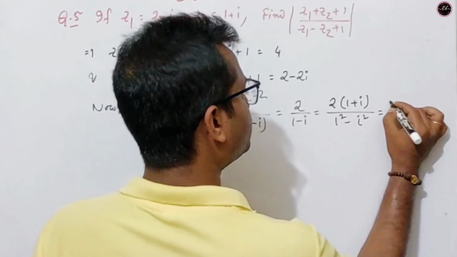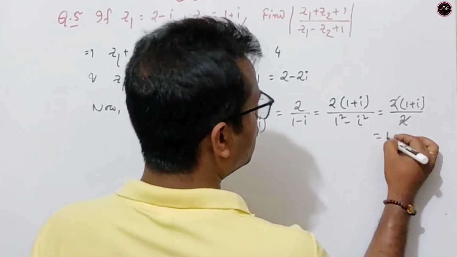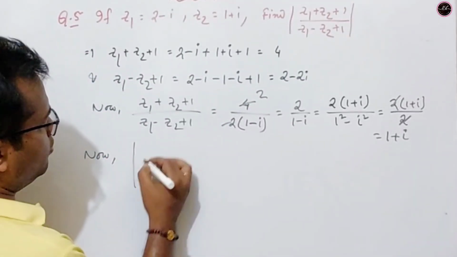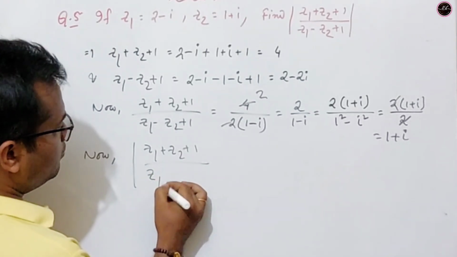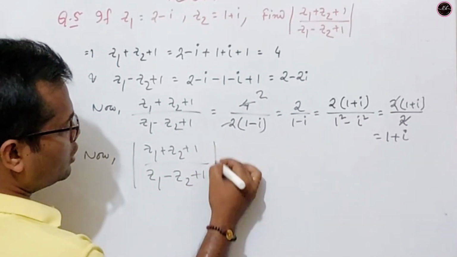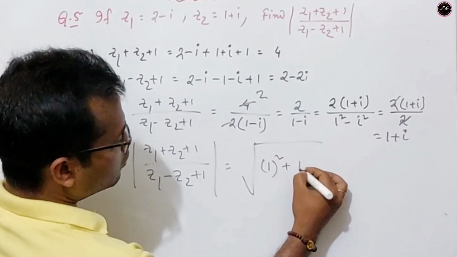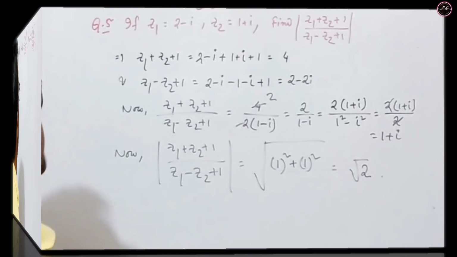Therefore 2 by 2 into 1 plus I. 2 will be cancelled, therefore 1 plus I. So now the mod of Z1 plus Z2 plus 1 divided by Z1 minus Z2 plus 1 equal to root over 1 square plus 1 square. That means root 2. Okay.